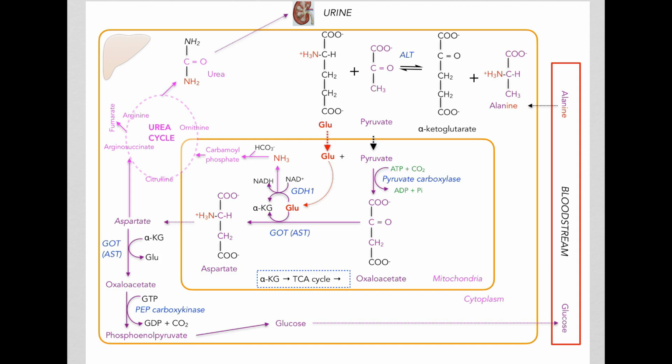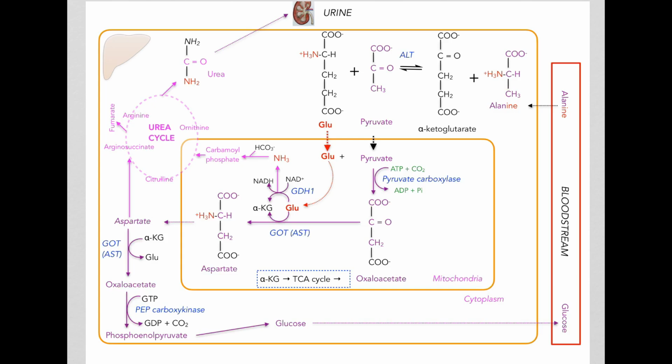The pyruvate is next carboxylated by the enzyme pyruvate carboxylase, and this pyruvate will now become oxaloacetate. Basically, we're adding a carbon dioxide to the pyruvate, to this part here, and that gives us oxaloacetate.